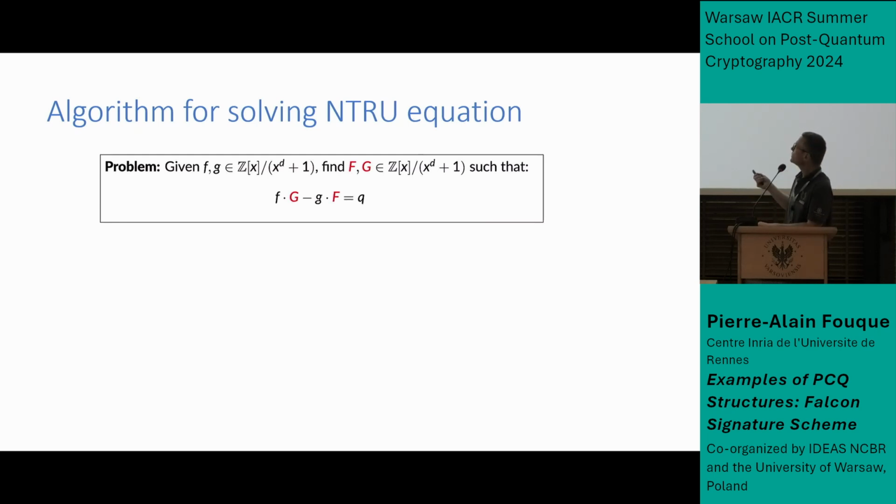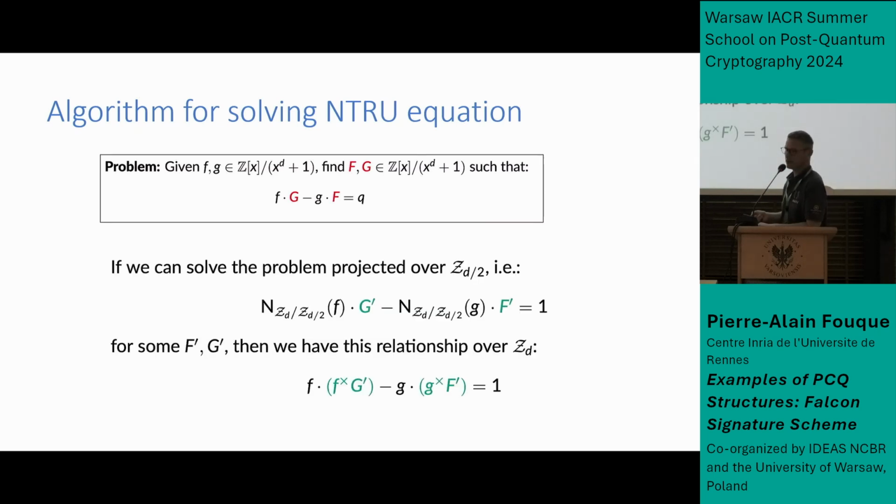Now we have to solve the equation, and as a reminder, here it's over Z and not Z_q. We want to find the values f and g like this. Assume that we have solved the problem over the subring, the ring just before the one where we want to recover f and g.